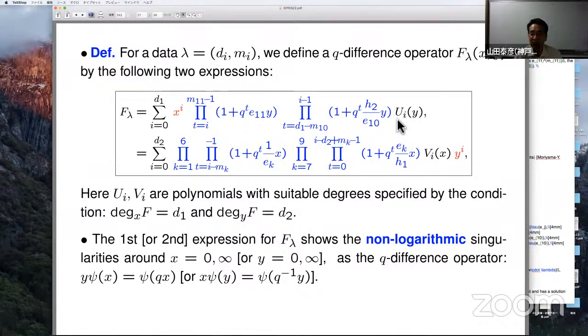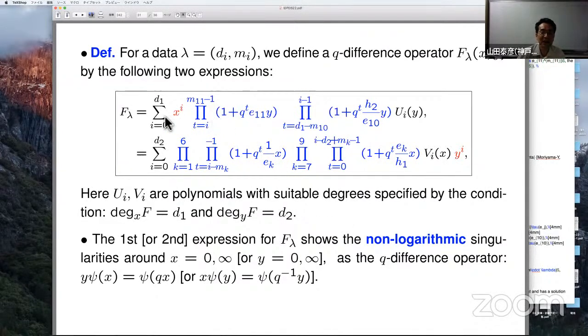And these remaining polynomials are polynomials in y and polynomials in x, whose degrees are fixed so that each term has the correct degree assigned by this d parameter.